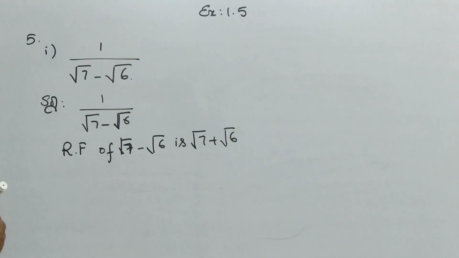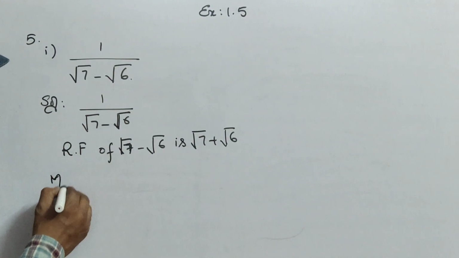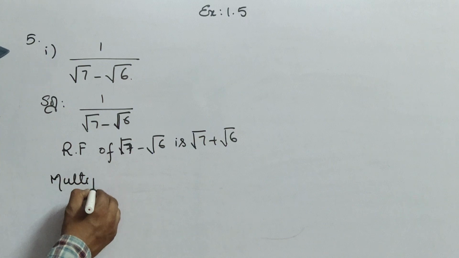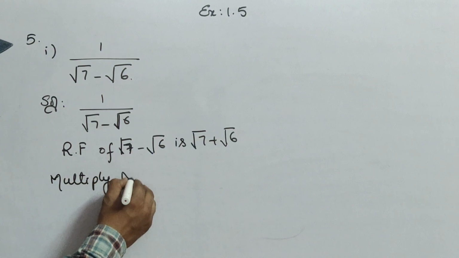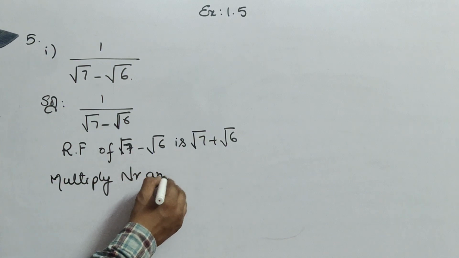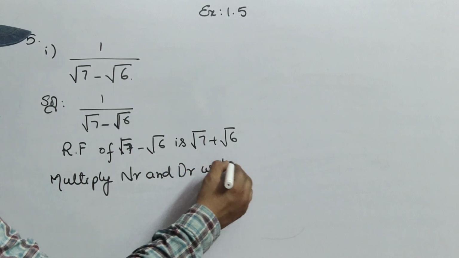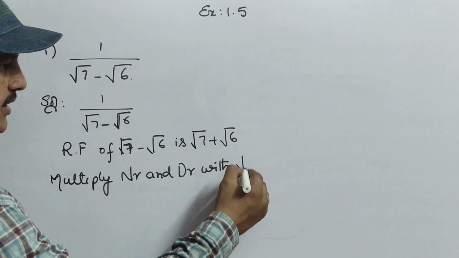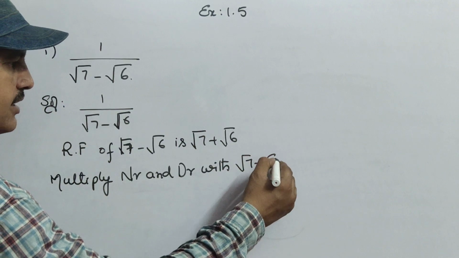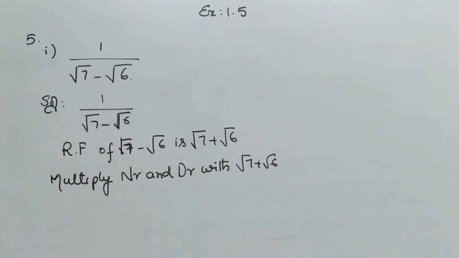Now multiply numerator and denominator with root 7 plus root 6. That rationalizing factor, with that only we have to do.